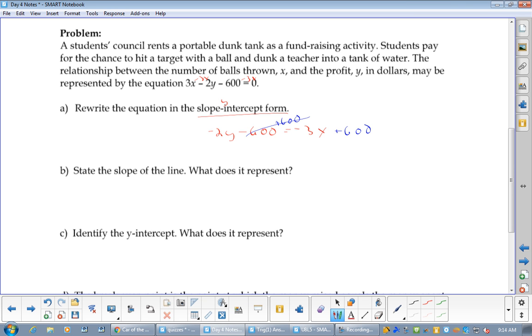Okay, last thing, divide it by negative 2. So I will get y equals, what would be my slope? Three over 2 x, right? Negative divided by negative is a positive, minus 300.